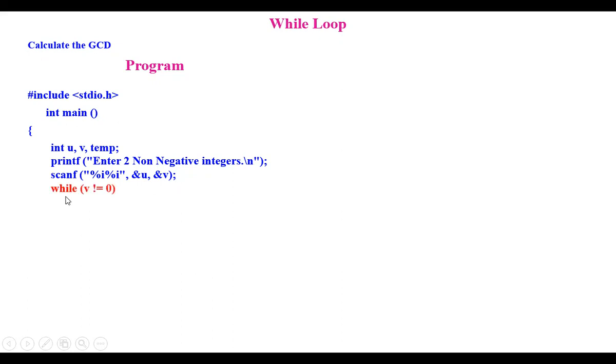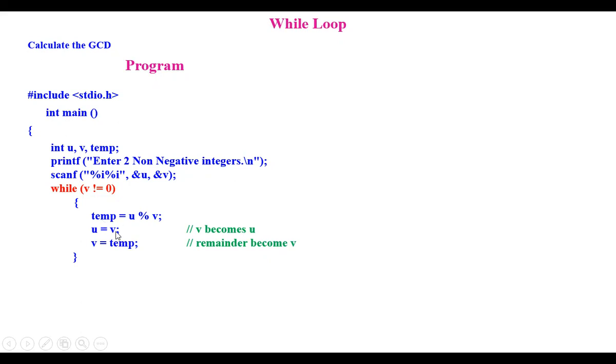What happens? While V is not equal to 0, this following loop will be executed. Okay. Now, U modulus V is taken, and you get the remainder. That remainder is stored in temp here.